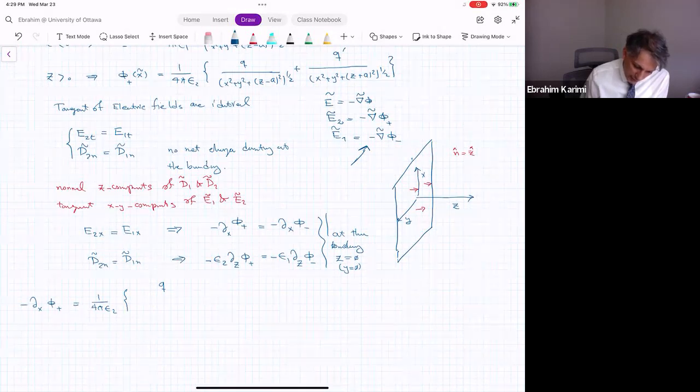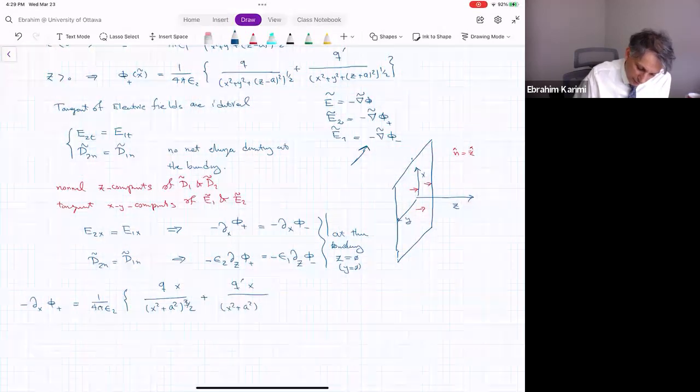It will be x divided by (x squared plus a squared) to the power of 3/2. The other one will be the same, q prime x divided by (x squared plus a squared) to the power of 3/2.